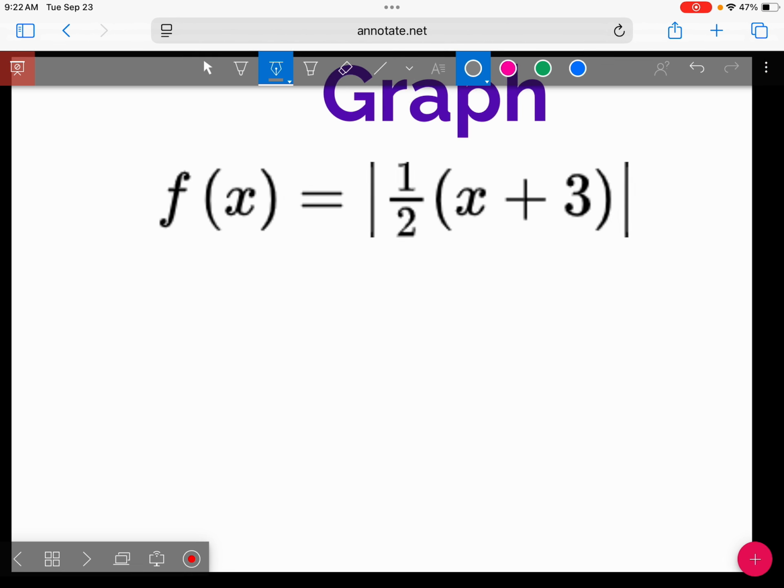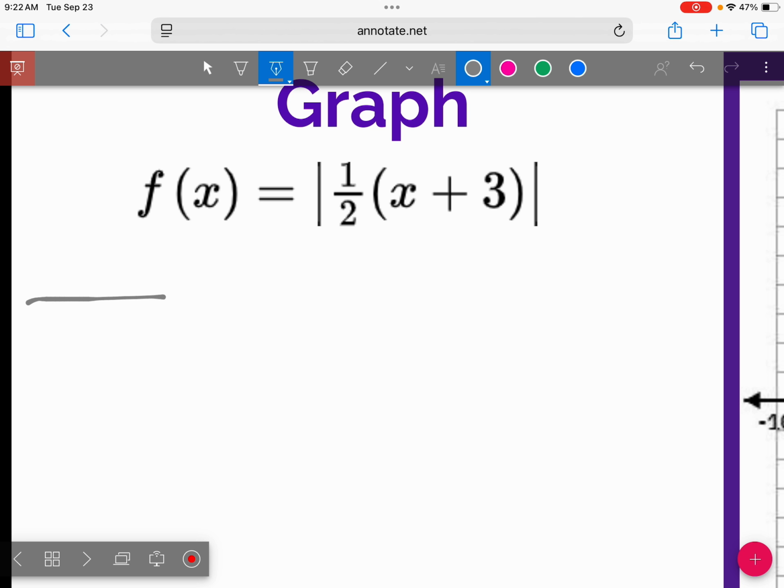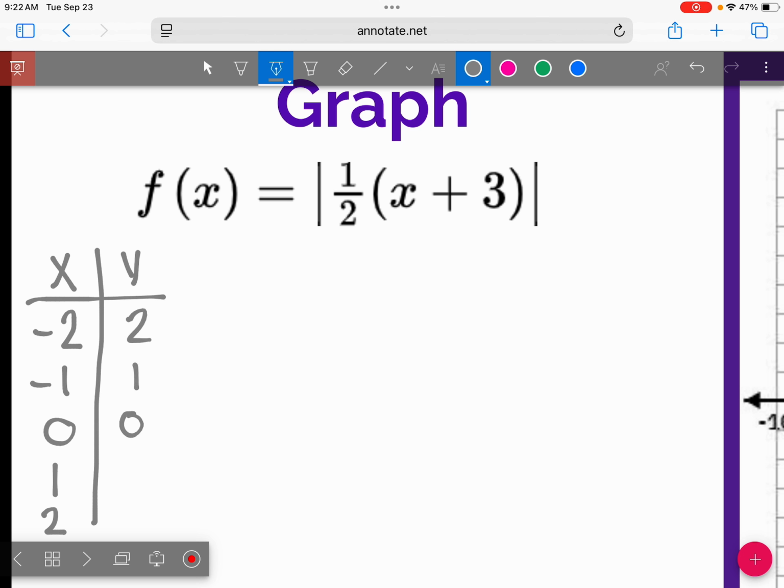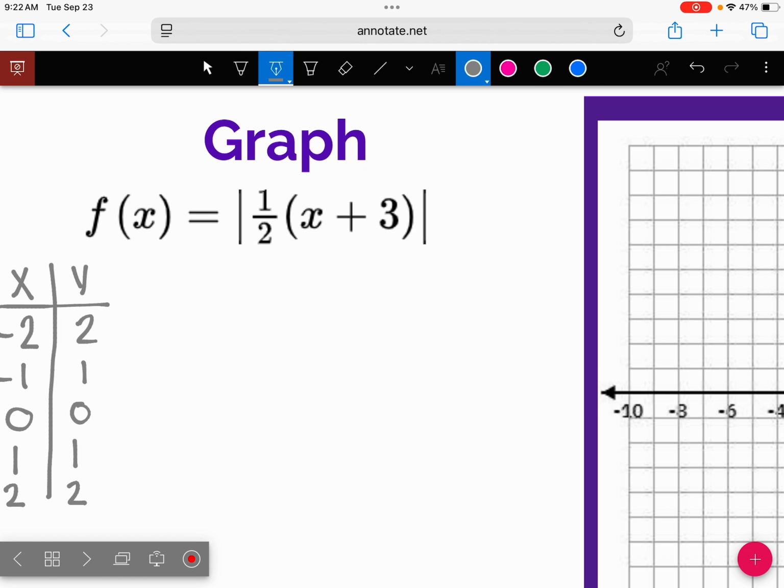We're going to have that same parent table for the absolute value, when we had -2, -1, 0, 1, and 2 with the y values of 2, 1, 0, 1, and 2. So the parent table doesn't change. Once we have our function, that's going to be the same parent table every time. When it comes to our transformations here, what pieces do we have?